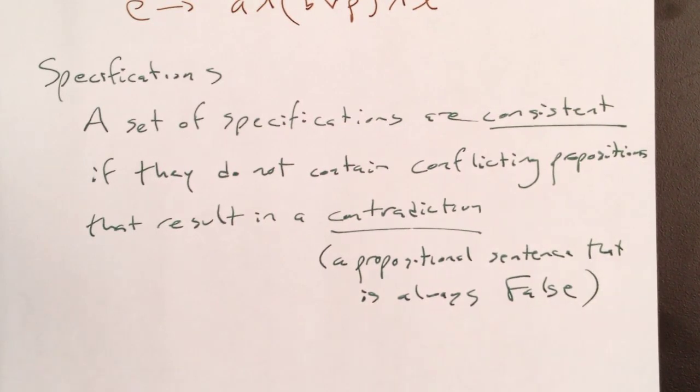Now, what that means is that my specifications are consistent if at least once in the process of doing my truth table, my last column has at least one true in it. I'm good. At least one. The difficulty is figuring that out.